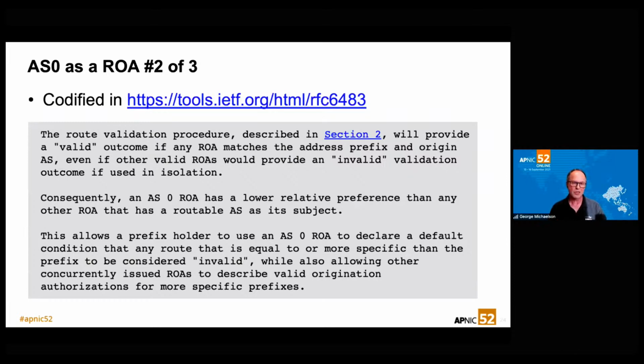So the decision logic calculating ROV won't mark an origin AS as invalid if it can see a ROA for this AS and origin prefix other than AS0, because it trumps the AS0. So AS0 only prevents things as long as there is no better ROA specifying the route. In effect, it means AS0 can be used as a giant turn-it-on switch. Either a ROA exists or the prefix is not to be routed.